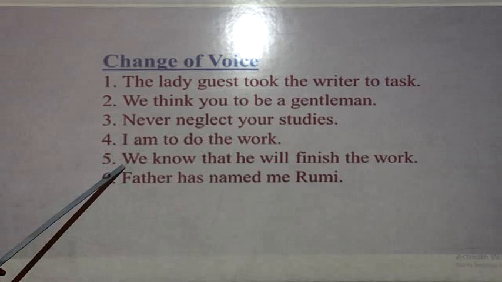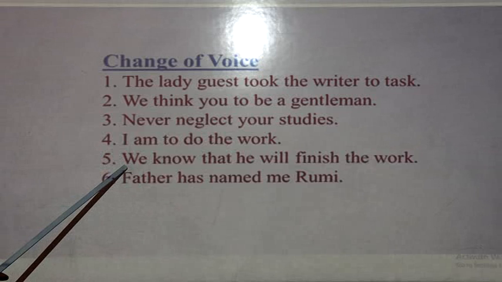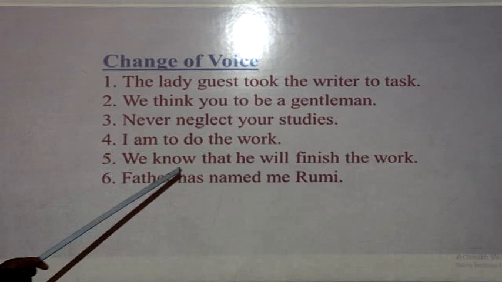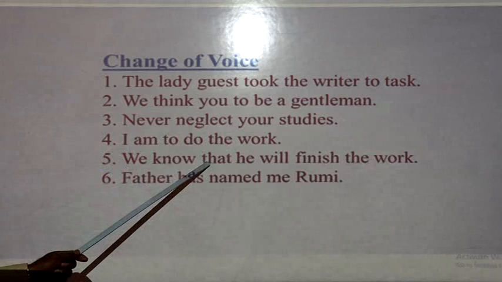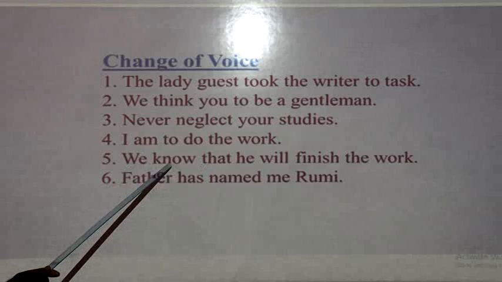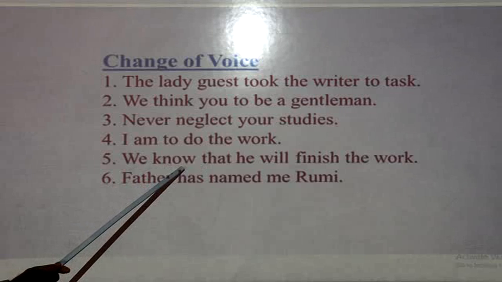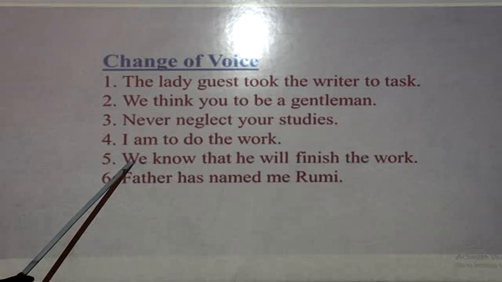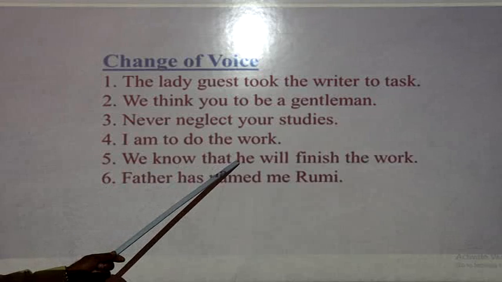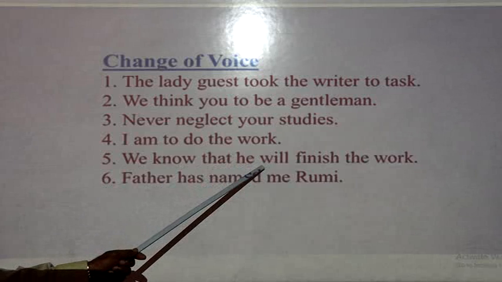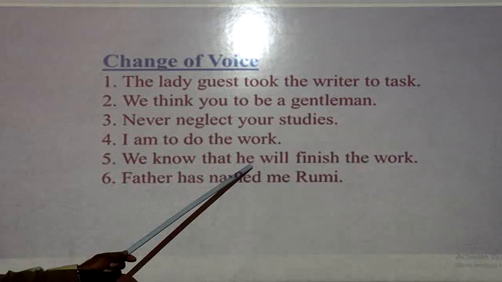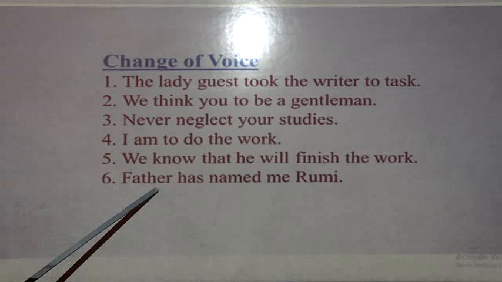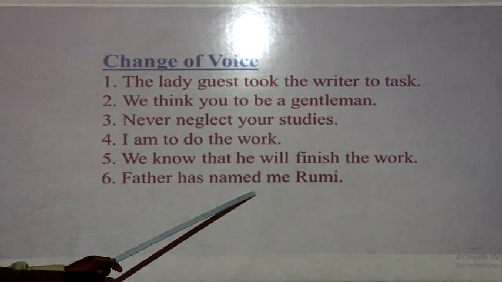Number 5, We know that he will finish the work. There is the use of a conjunction here. So in this case: It is known to us that the work will be finished by him. Number 6, Father has named me Rumi.